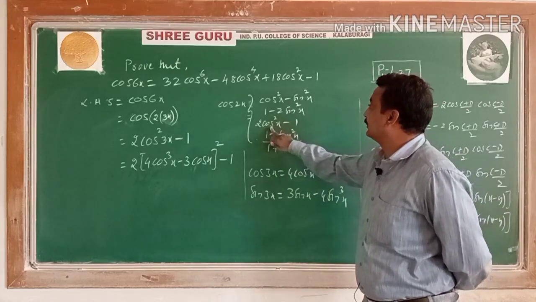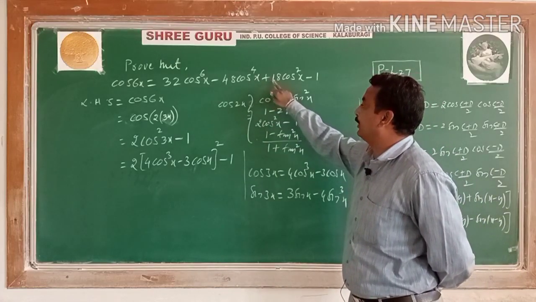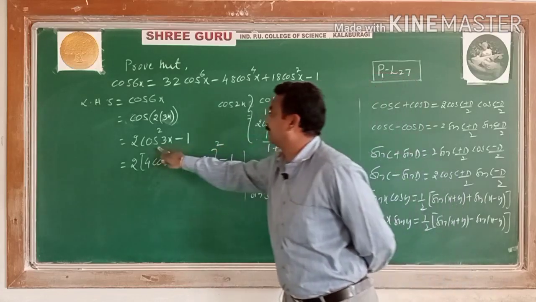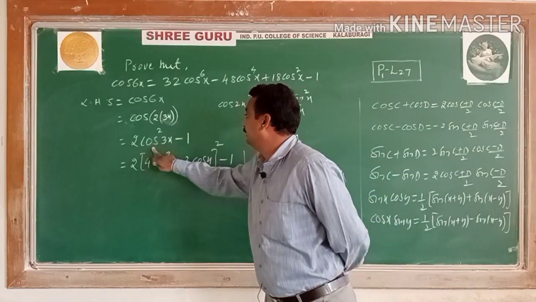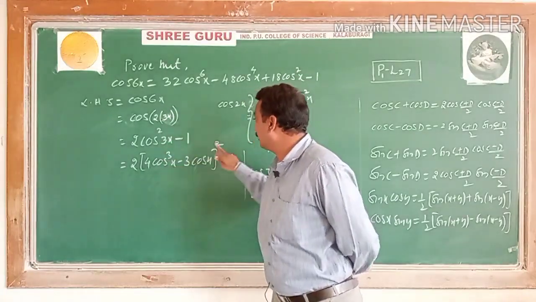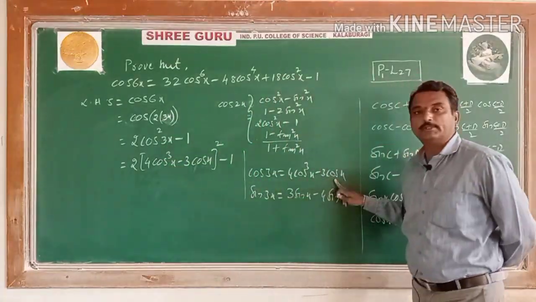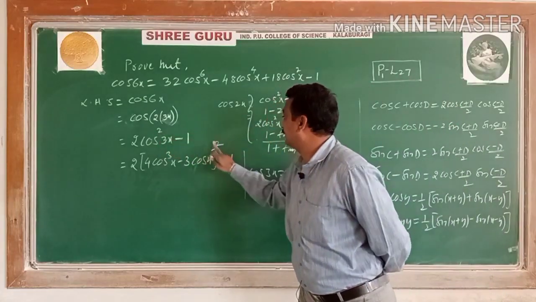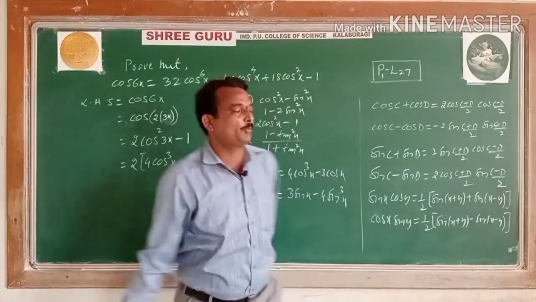Here we have taken the cos form because we have to prove it in terms of cos. So 2 cos square x minus 1, where x is 3x. And then the cos 3x formula is substituted here, 4 cos cube x minus 3 cos x, whole square, minus 1. Expand it.